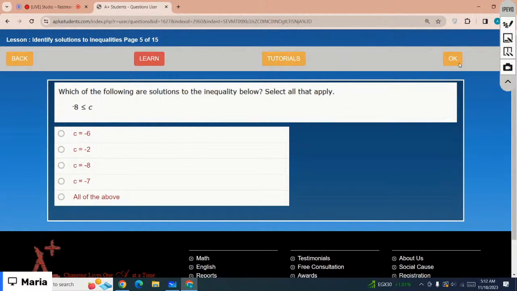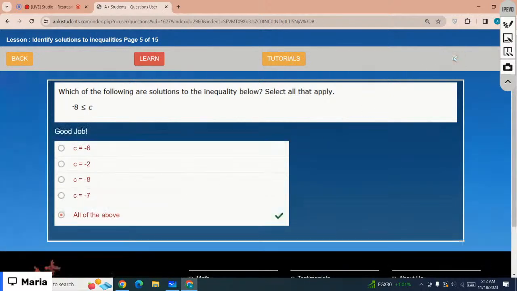The options given are negative 6 and others. The correct option is all of the above because when you make a number line, negative 8 is farthest from all of them. So the correct option is all of the above. They all are the solutions of the inequality, right?